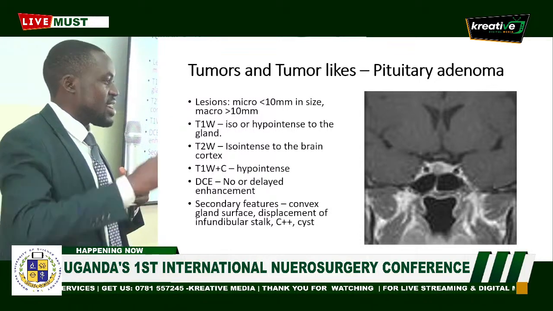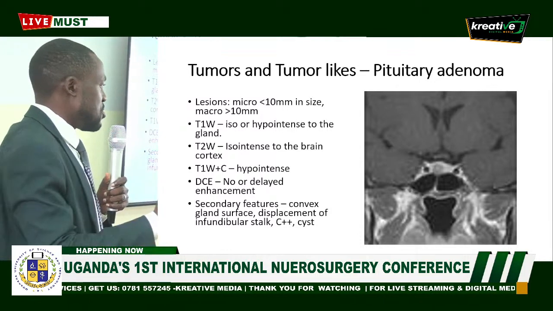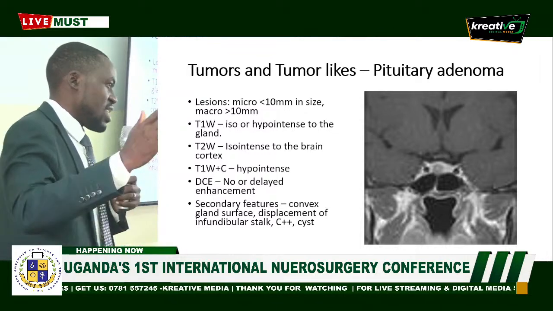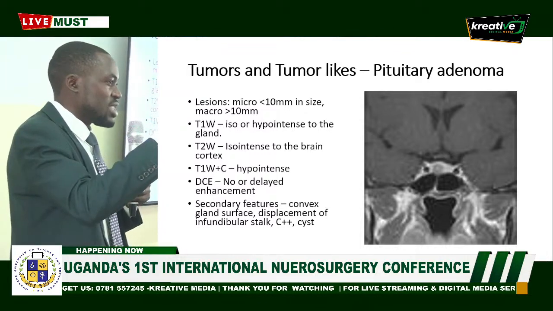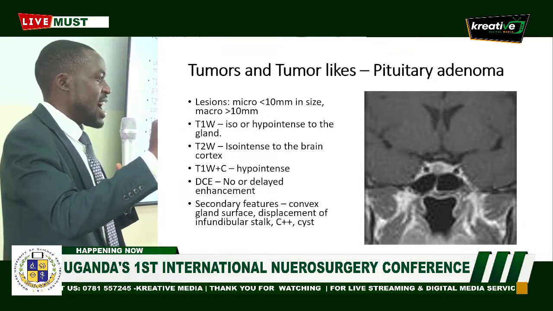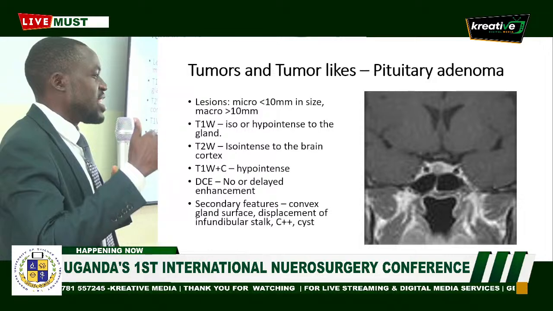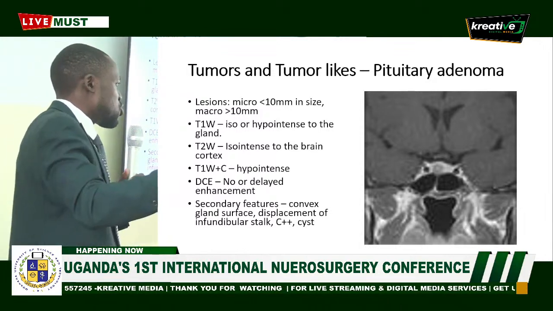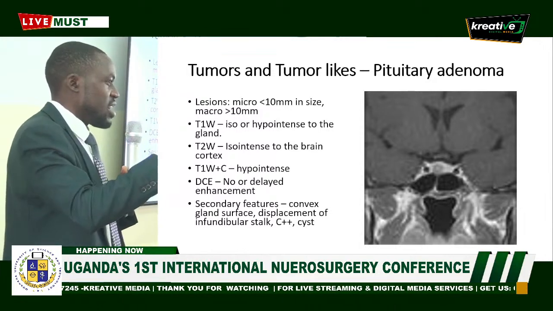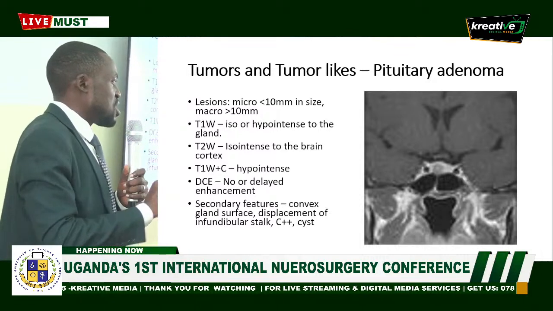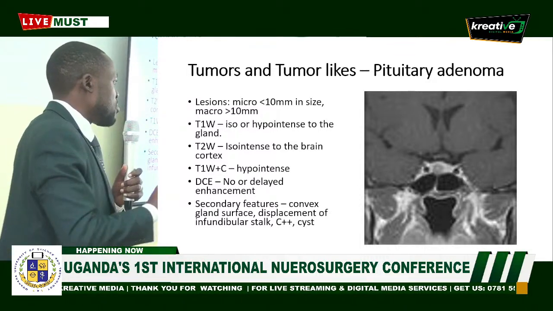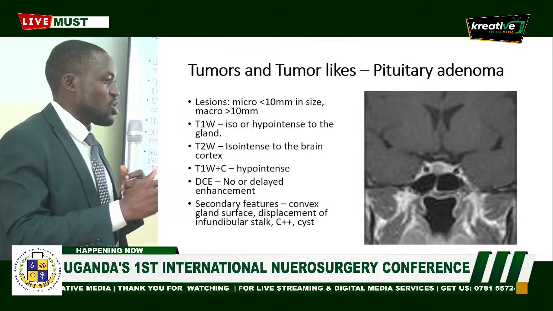Later on, by the time you reach 180 seconds, the whole of it will have enhanced, because even the adenoma will enhance, so it will be a little bit difficult. But as you acquire the delayed images, the contrast will wash out of the rest of the normal pituitary gland, while the adenoma is still retaining some contrast because it washes out slowly.